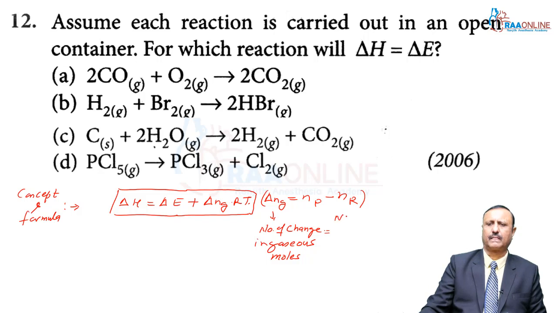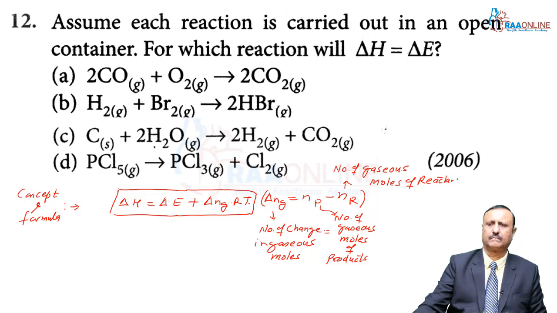NP is the number of gaseous moles of products. What is the NR? NR is the number of gaseous moles of reactants. So, my dear friends, delta NG is this one.